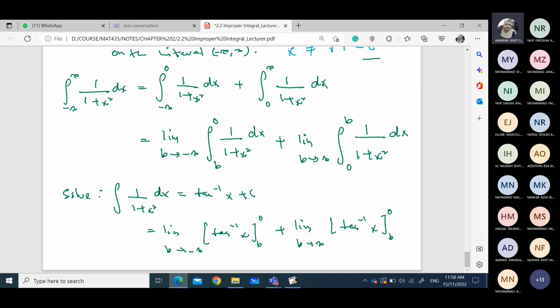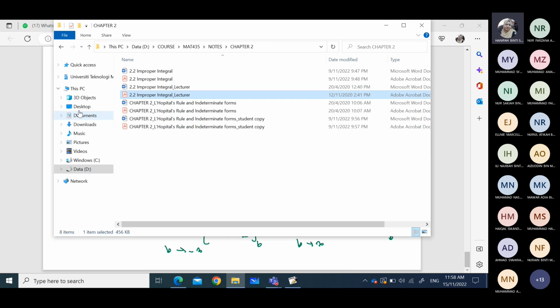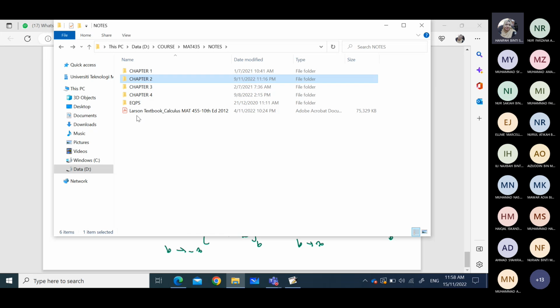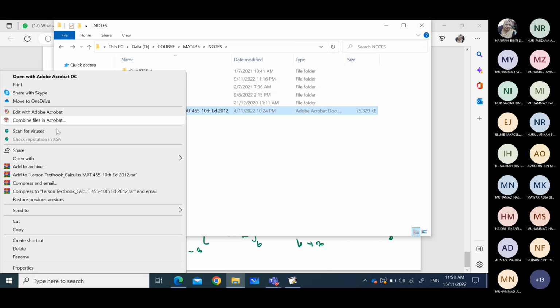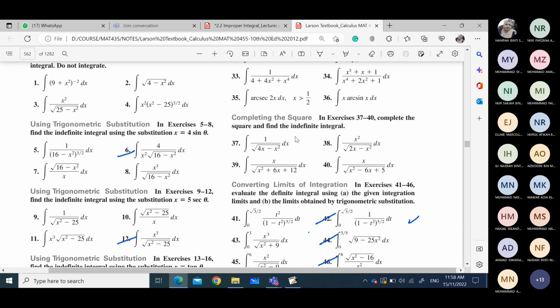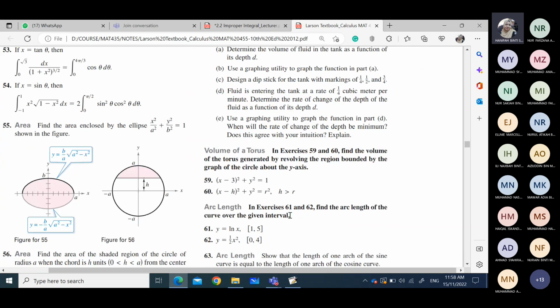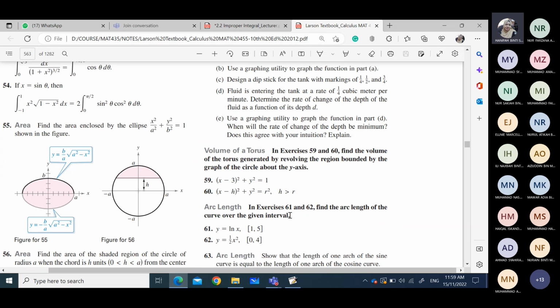Tak ada, bagus. So, kalau tak ada, kita lagi satu kelas kan? You boleh buat soalan textbooks. Improper integral, as a tutorial. Yang ini apa? Trigonometric substitution.